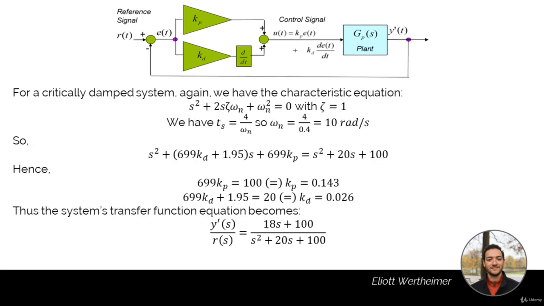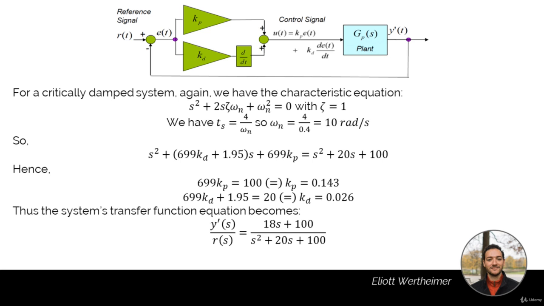For any critically damped system of second order, we can write the characteristic equation as follows: s squared plus 2 s multiplied by the damping coefficient multiplied by omega n plus omega n squared equals 0, with the damping coefficient equal to 1. We also have, as usual, Ts is equal to 4 divided by omega n.